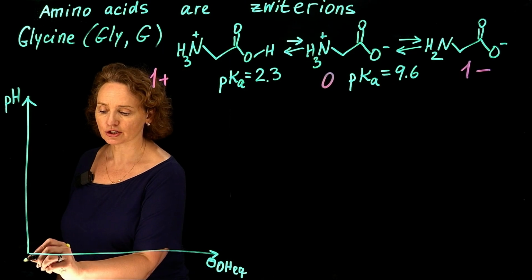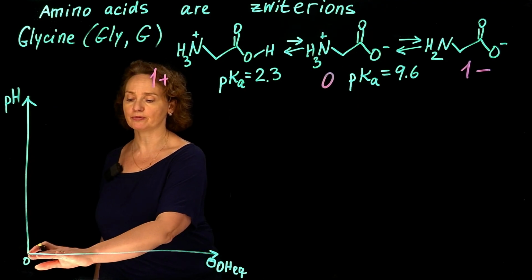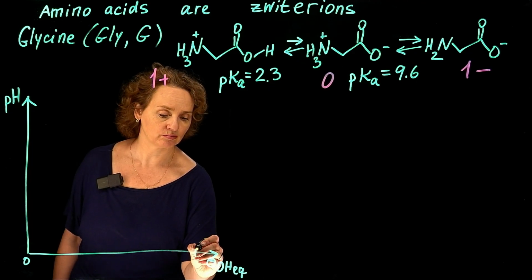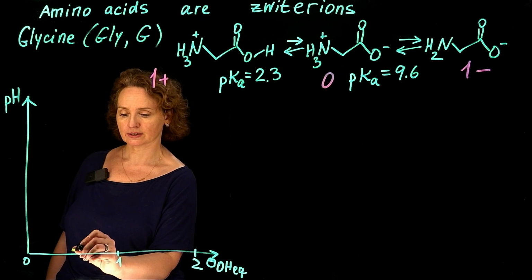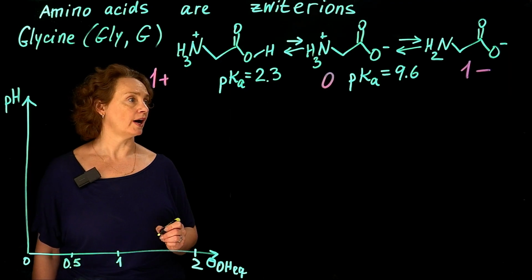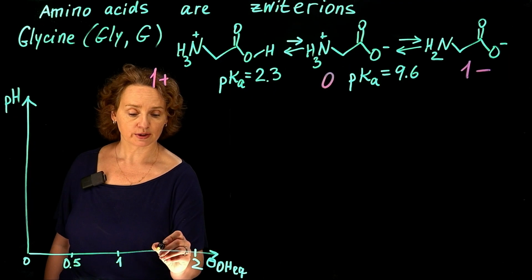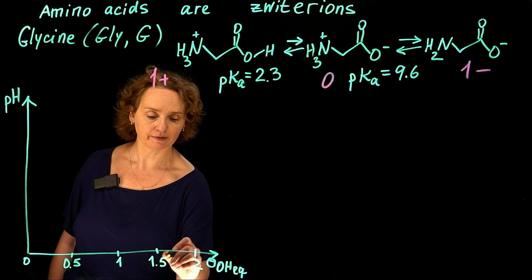And the range for the x-axis will be from 0 to 2. Okay? And the valuable points here are when you add 0.5 equivalent of sodium hydroxide, 1 equivalent, and 1.5 and 2.